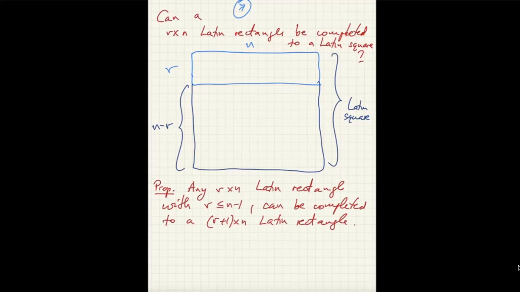So as long as we don't have a full Latin square, we can always add another row to it, and the new rectangle is also a Latin rectangle. Okay, so let's prove this result.